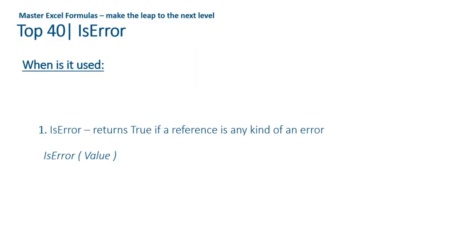We have another formula here, which is is error. Is error is a formula that is quite similar to the is na formula that we already discussed, but the difference is that the is error formula will return true even if there is an NA error.